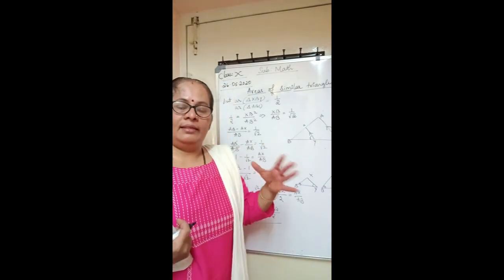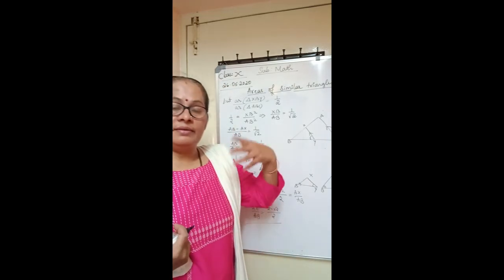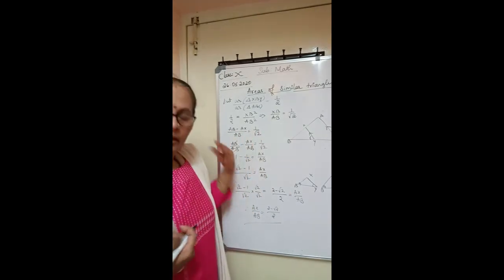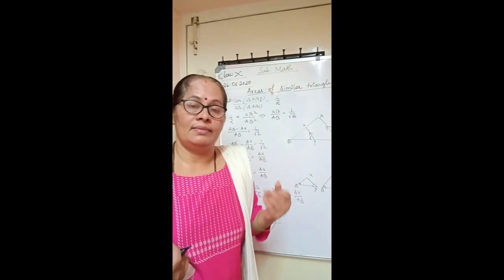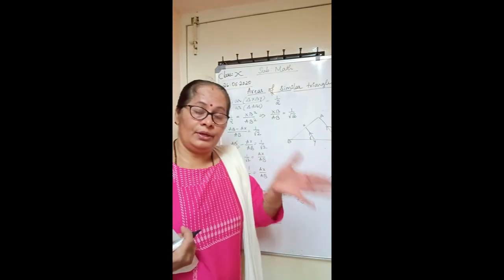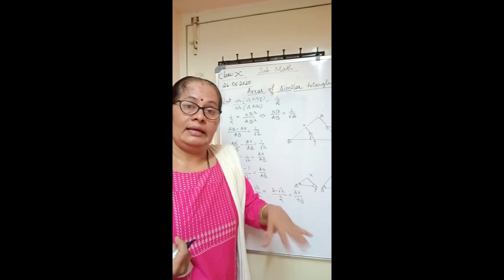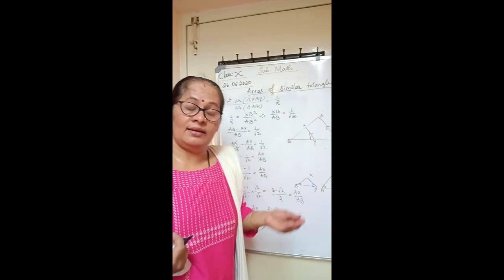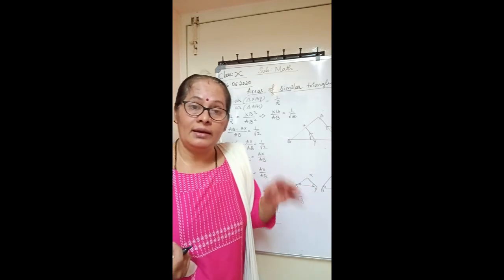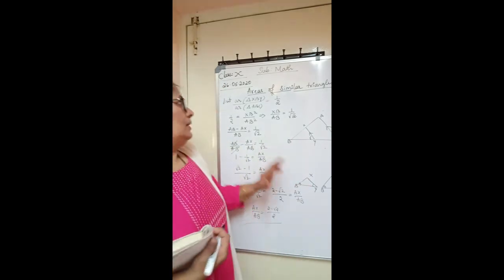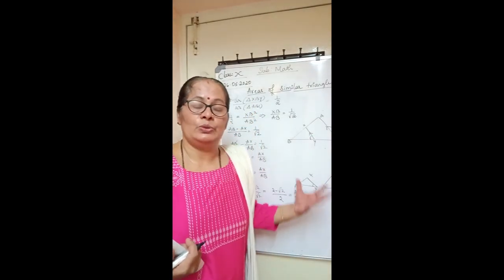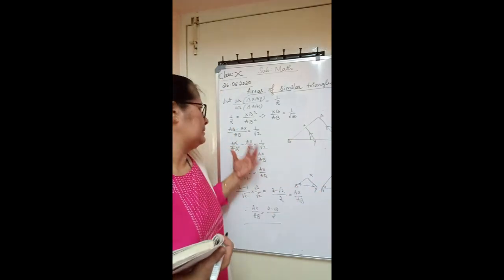We also learned the theorem on areas of similar triangles, which states that when two triangles are similar, the ratio of their areas is equal to the ratio of the squares of their corresponding sides. We also discussed some examples.